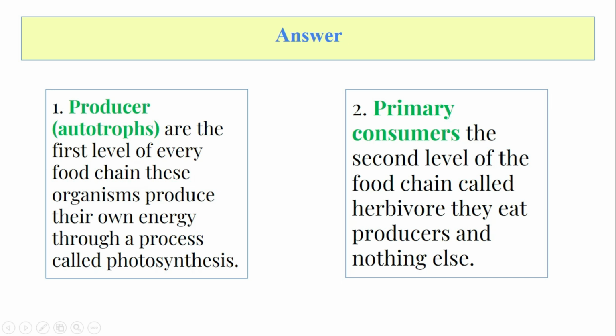Alright, so number 1, it says the producers. For example, the seaweed here. These are the first level of every food chain. These organisms produce their own energy through a process called photosynthesis. Of course, this will need more explanation.